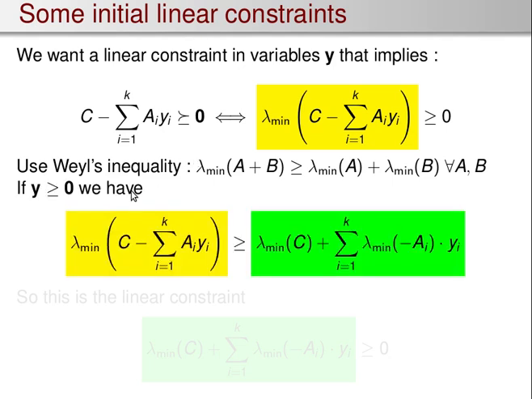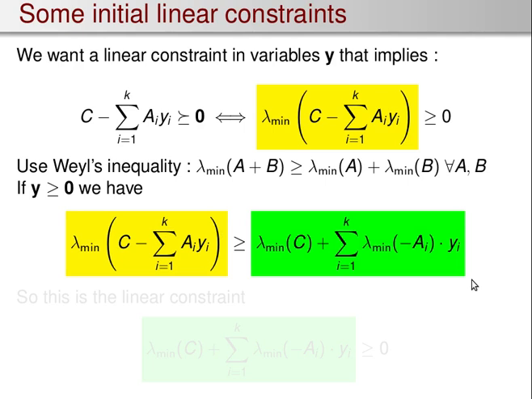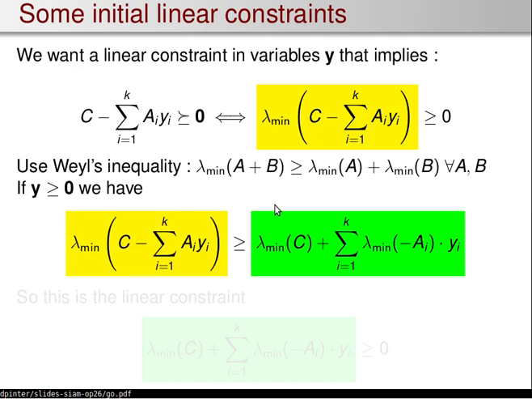As long as y is non-negative, we will notice, using this Weyl's inequality, that this yellow guy is greater than or equal to this decomposed green guy, where I simply replace the overall lambda min operator, which here is applied on the whole sum of matrices, I distribute it over each element of the sum, if you want.